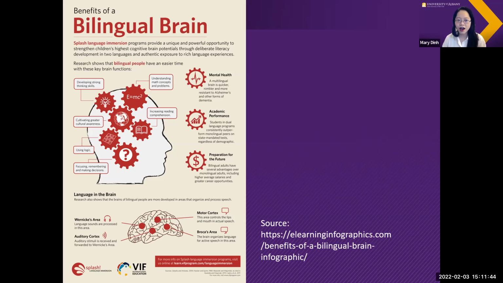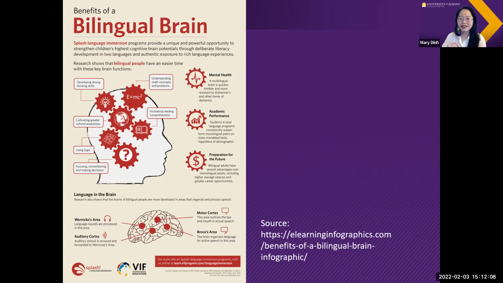So we're talking about a lot of benefits of having a bilingual brain. For example, we can think in different languages, which means that we have space for more ideas. And not only the language part, but it also allows us to communicate with people outside our culture.